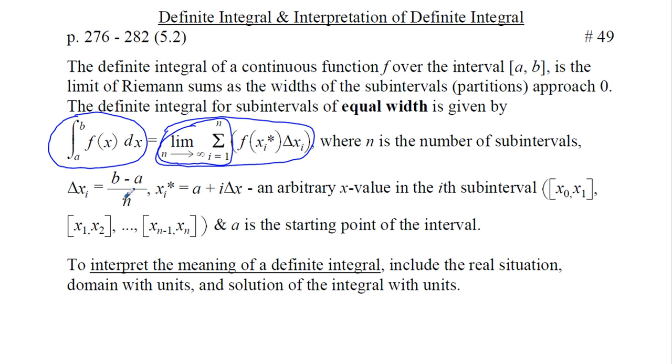You see this delta x of i is going to be replaced by this (b minus a) over n, and so on. And this a plus i delta x of i is going to go up in here, but we're going to go over that shortly.